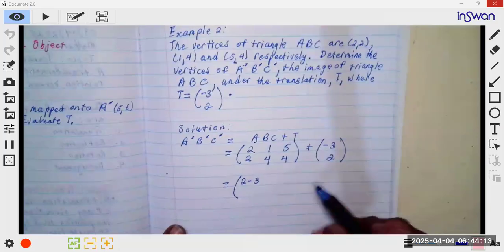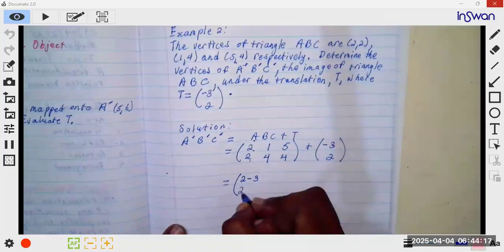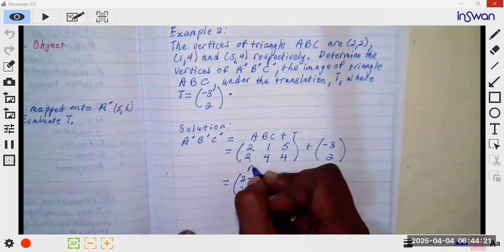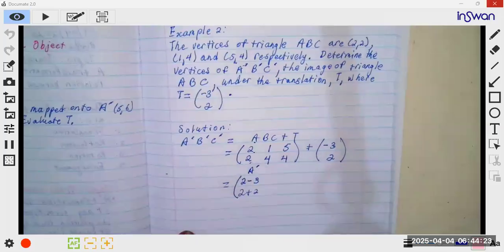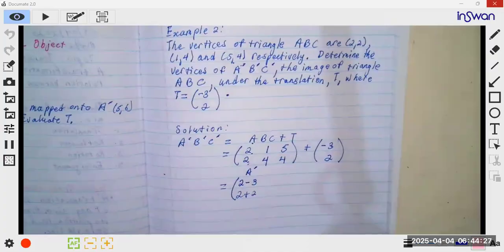Then you'll say 2 add 2. And that's how I'll get my A prime value. So before I move on, I would like to know if people understand why I did the 2 take away 3 and why I put 2 add 2. Any questions concerning that?